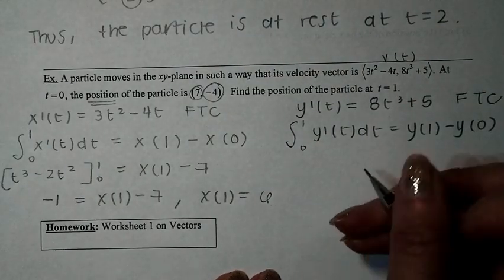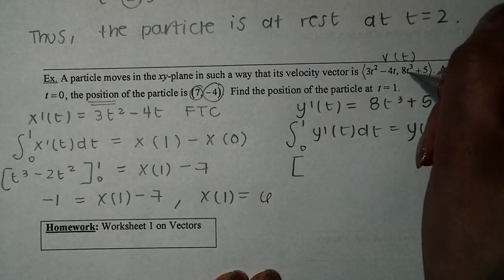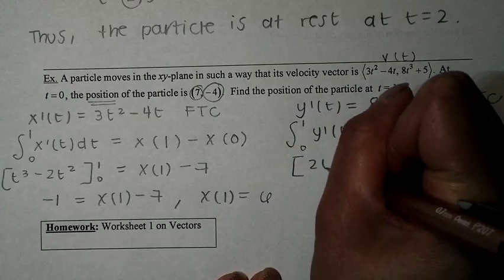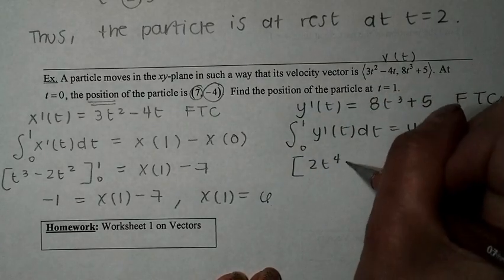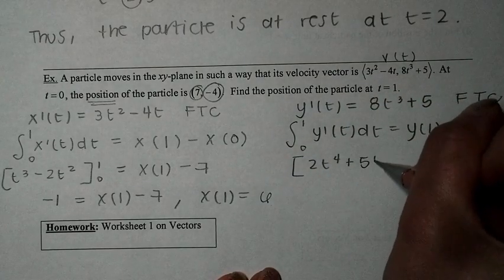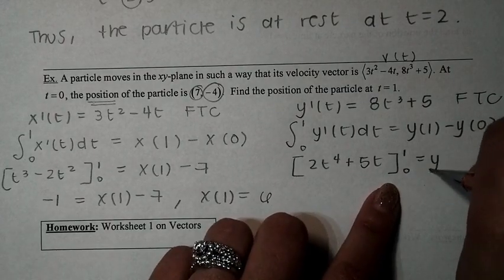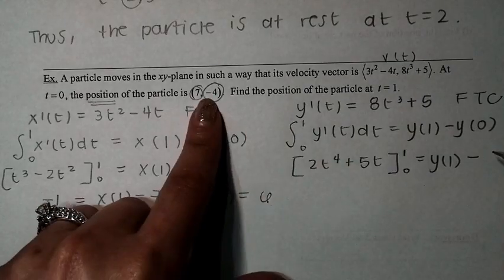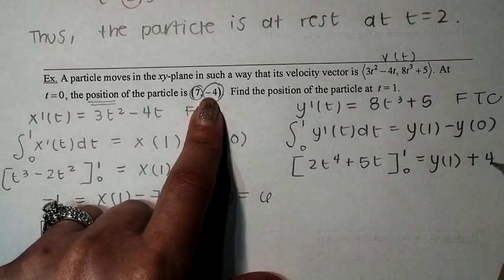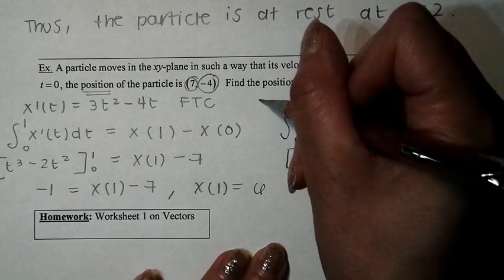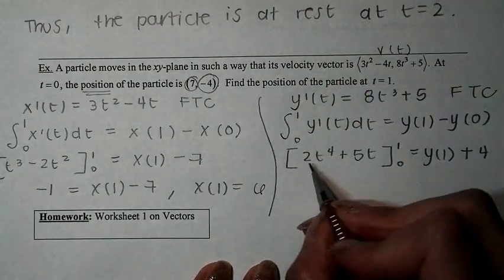So you are going to integrate this. The integral of 8t to the power 3 is going to be what? 2t to the power 4 plus 5t, and we're going to evaluate this from 0 to 1, and that's going to be equal to y of 1 minus 4, so plus 4. Now you are going to plug in the 1.